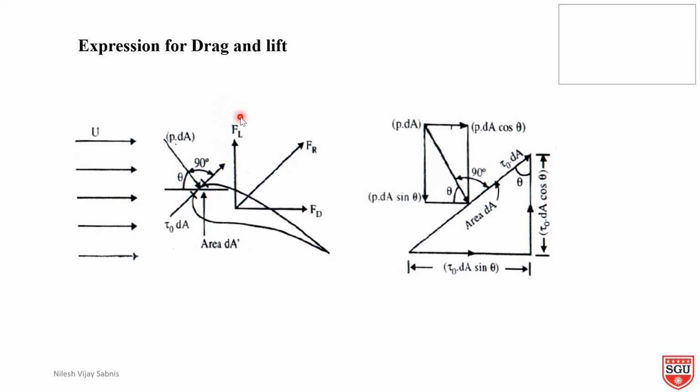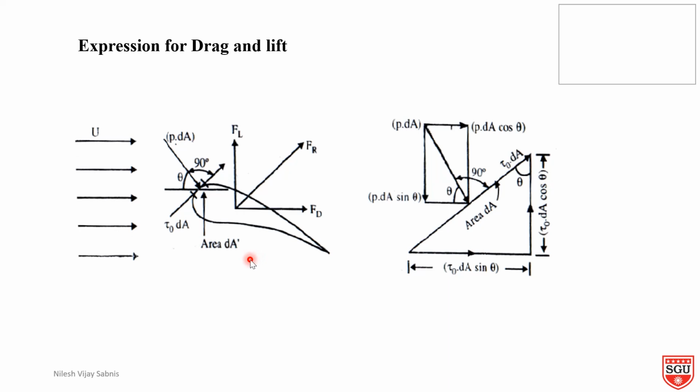The lift force occurs only when the axis of the body is inclined to the direction of the flow. If the axis of the body is parallel to the direction of flow, lift force is 0. Remember this.